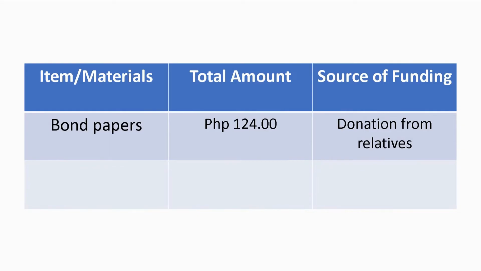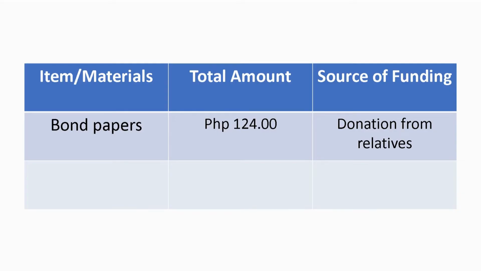List down the materials you will need. For example, bond papers. The amount you will need, 124 pesos. And your source? It's possible that a generous relative of yours will donate this amount or a rim of bond papers for your portfolio.